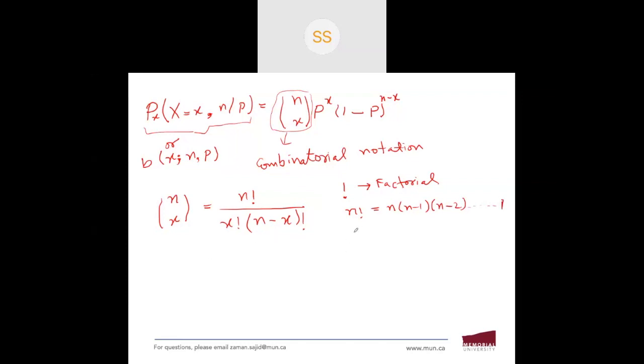So if I have, let's say, 3 factorial, we have 3 times 2 times 1, you get 6. 1 factorial is always 1, and 0 factorial is 1 as well.